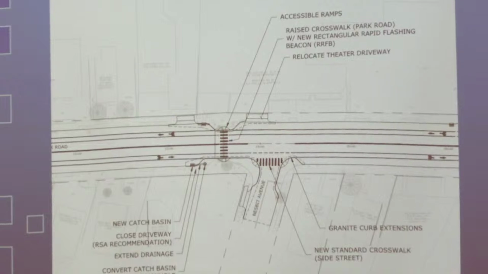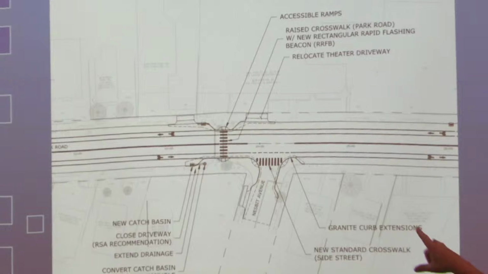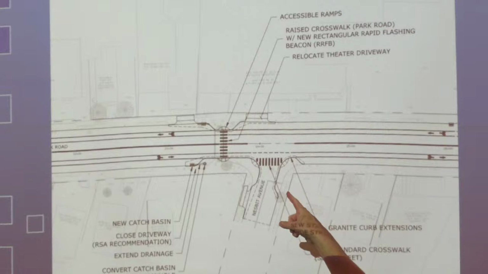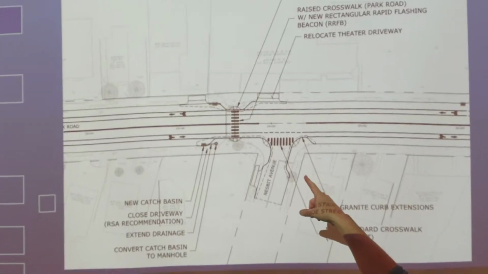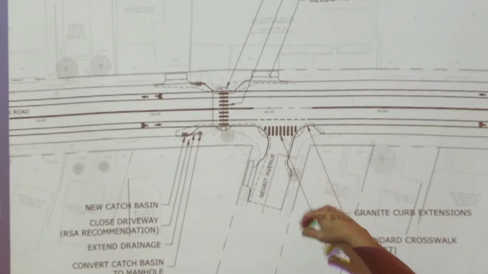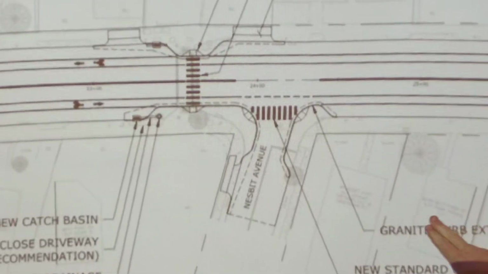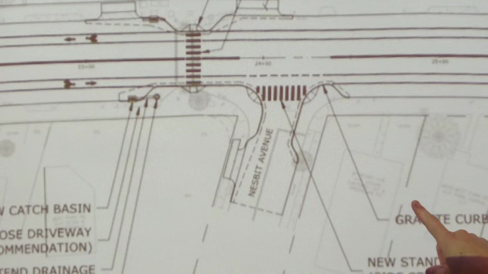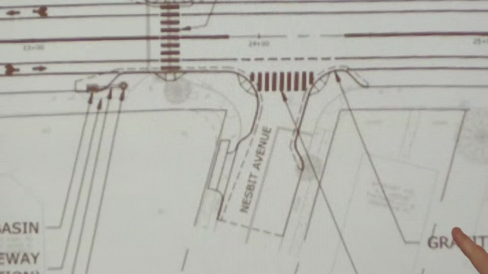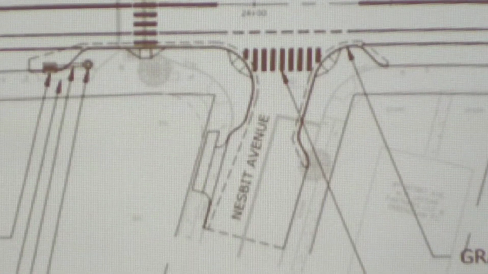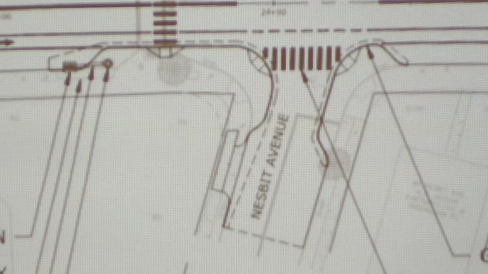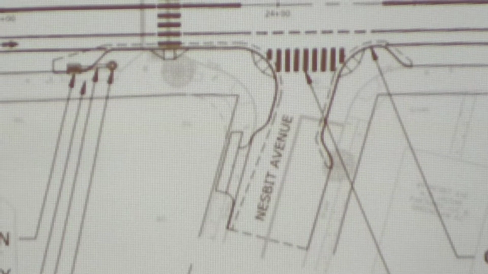This one comes with a relocation of the driveway at the theater. It was on an angle, and now because of the layout of the ramp and trying to keep that driveway next to it intact, I've switched the driveway there.